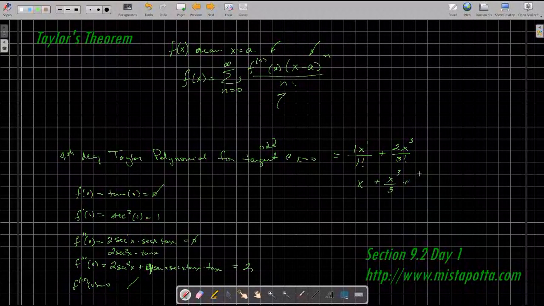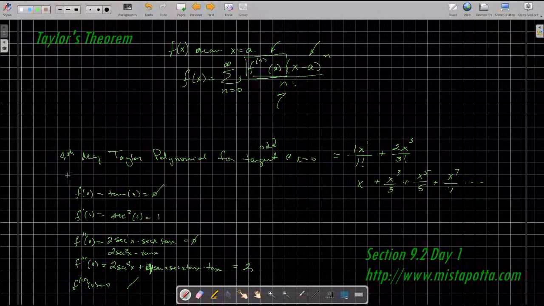I'll find out that I end up with x to the 5th over 5, x to the 7th over 7, if I wanted to continue this Taylor polynomial for tangent. Now, I can do this for any function, provided that I know how to take an arbitrary number of derivatives.